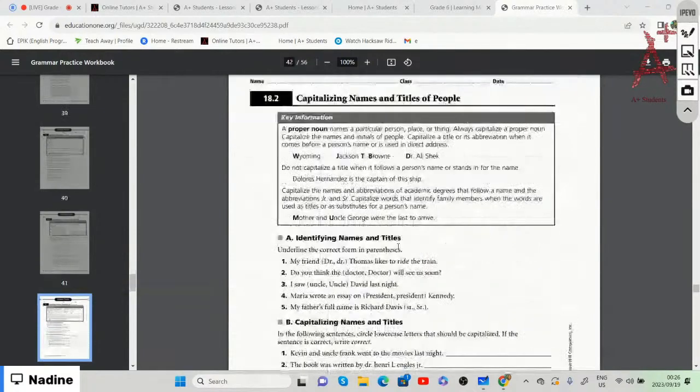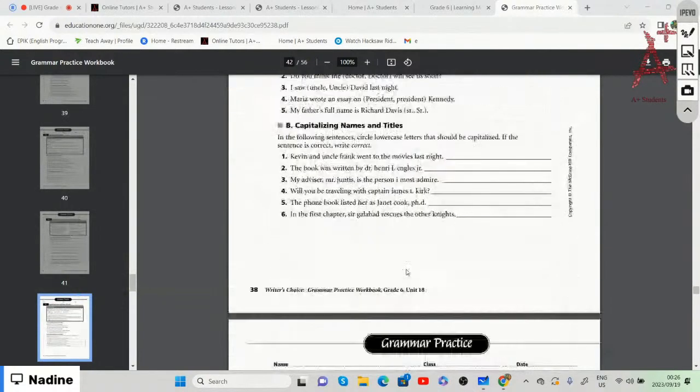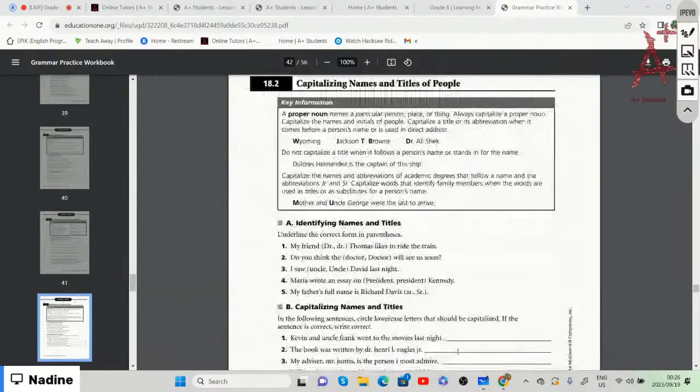All right, so now we're going on to the next page, page 38. Page 38 says a proper noun names a particular person, place, or thing. It means that they are specific. We always capitalize a proper noun. Capitalize the names and initials of people.